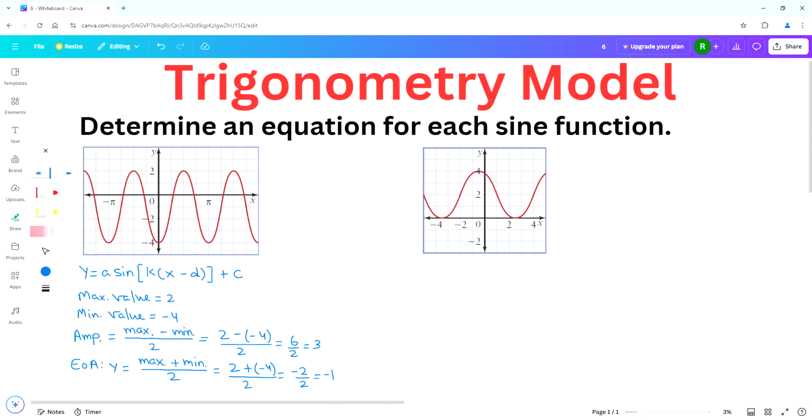I get -1. Equation of axis is a horizontal line, so we write it as an equation y equals -1.